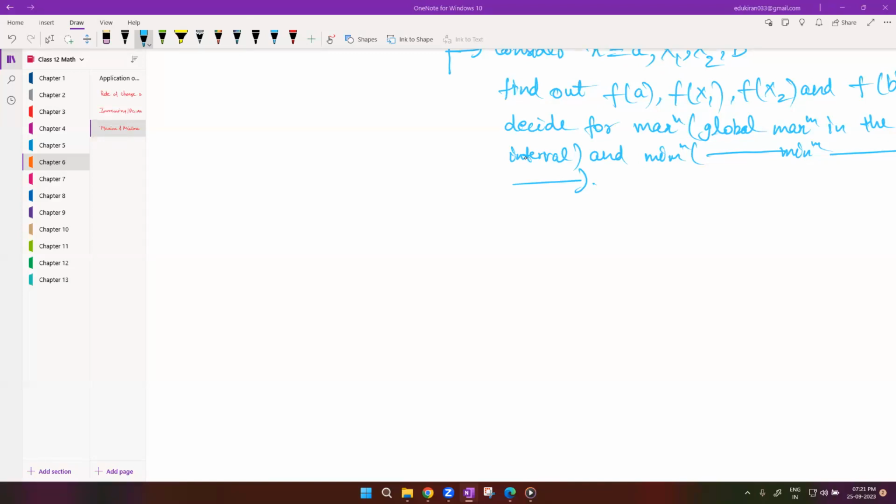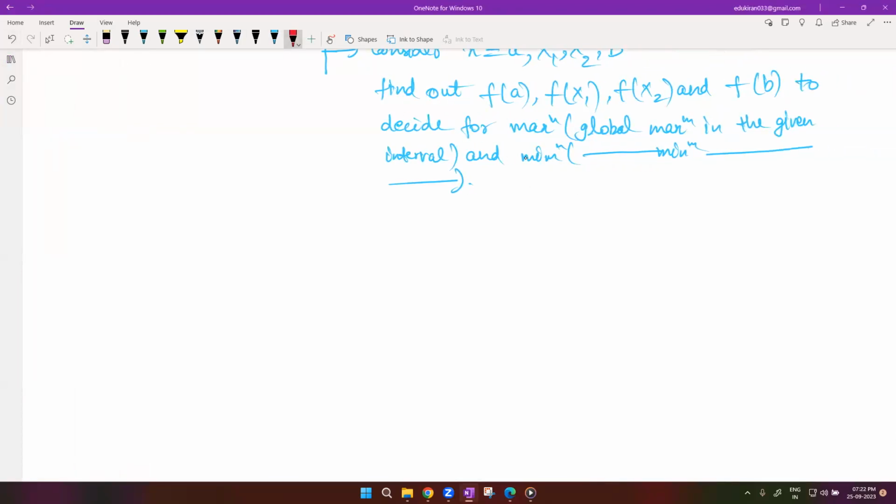So there's a series of questions that will be followed now. Try to answer all of these, and I'll try to include variety of questions in this. So we have to basically find out local minima and maxima for all these points. So find the local minima and maxima if any of the following function.